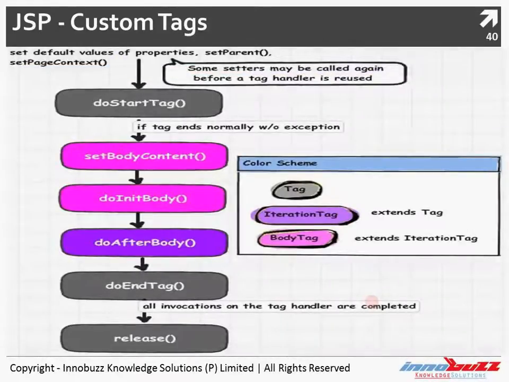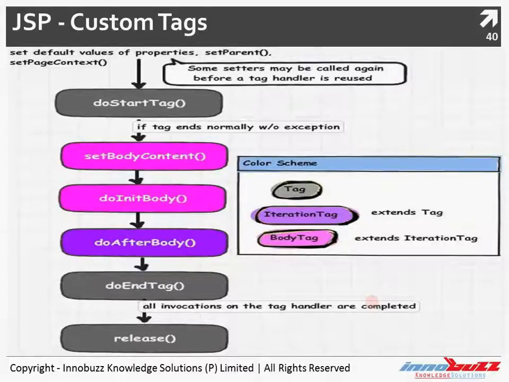So here these are the lifecycle methods which are used within the custom tag class, which you can get by extending any of the classes we saw earlier, provided by the javax.servlet package.